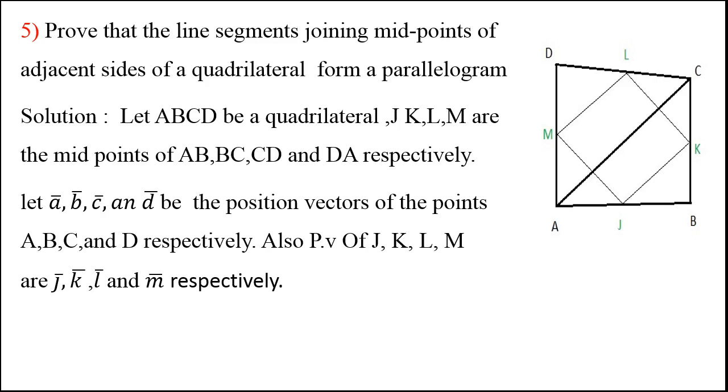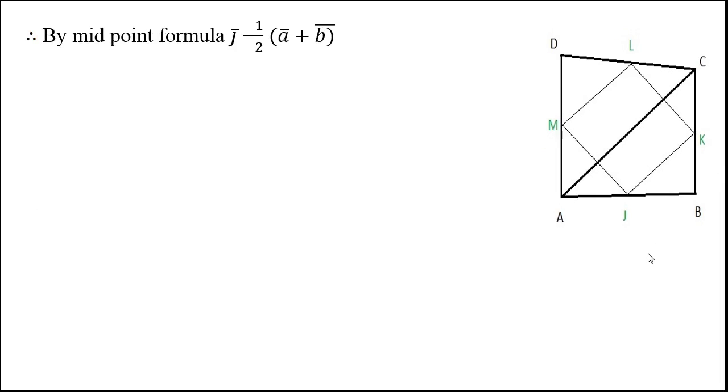The third method is if we prove that in one pair only, opposite sides are parallel and equal, that is also sufficient to prove that the quadrilateral is a parallelogram. So I will use that method. I will prove that in one pair only, opposite sides are parallel and equal.